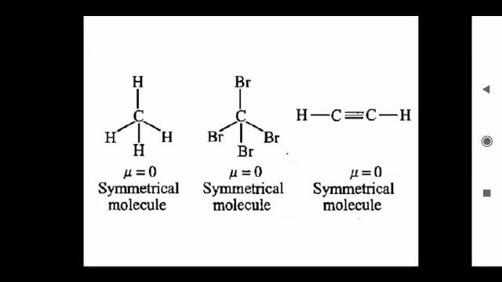Next, another one: molecular hydrogen has symmetrical nature, so the dipole moment is 0. Another, molecular bromine also has symmetrical nature, so its dipole moment is 0. Another molecule also symmetrical, so its dipole moment value is 0.